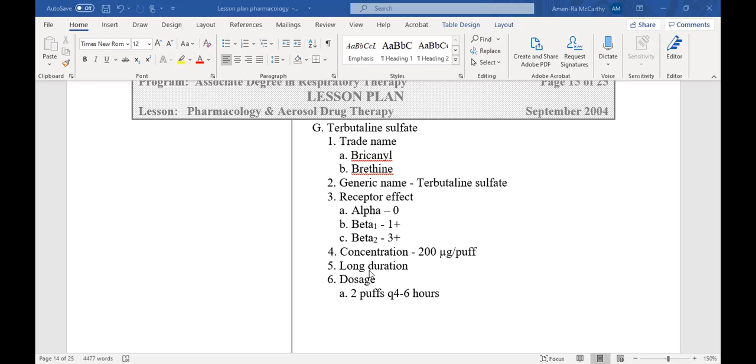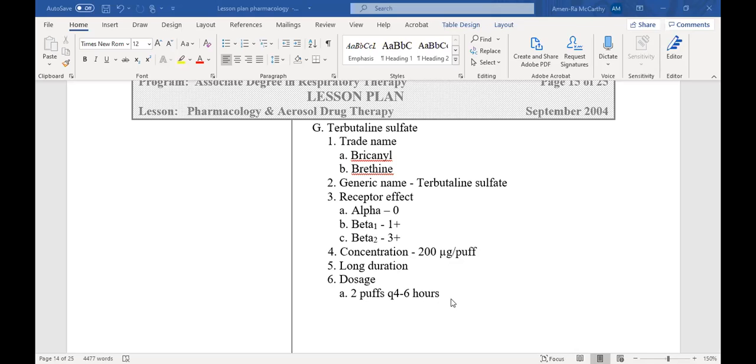Long duration, the dosage is 2 puffs every 4 to 6 hours. Terbutaline sulfate, Bricanyl or Brethine, comes as an MDI at 200 micrograms per puff, and the dosage is 2 puffs every 4 to 6 hours.